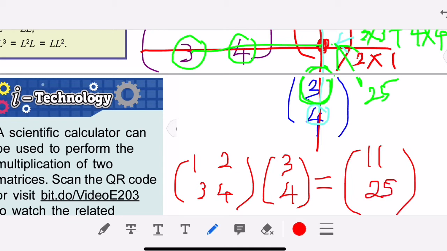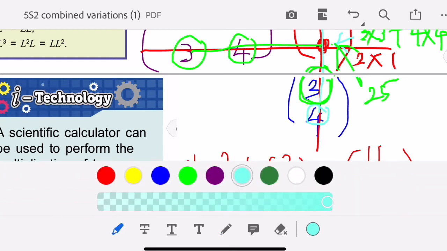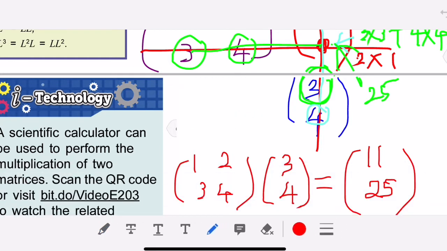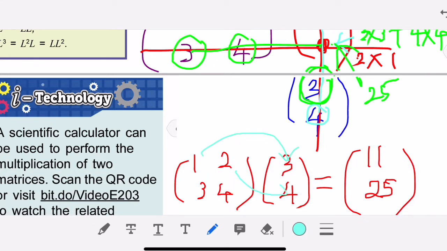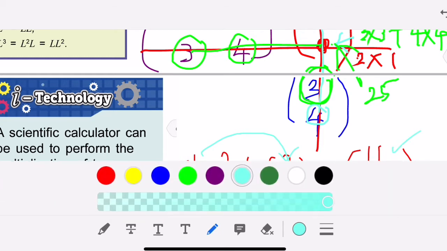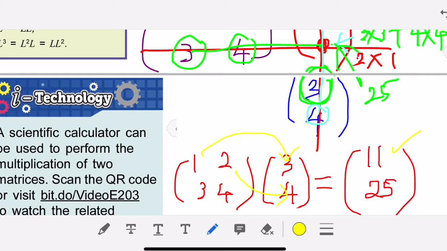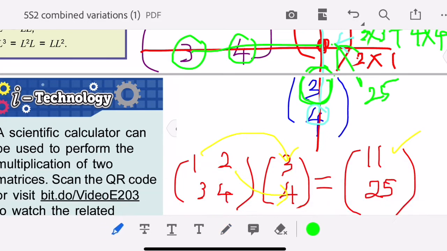How you get 11 is you take 1 times 3, and then you add 2 times 4: 3 plus 8, so 11. Got it?